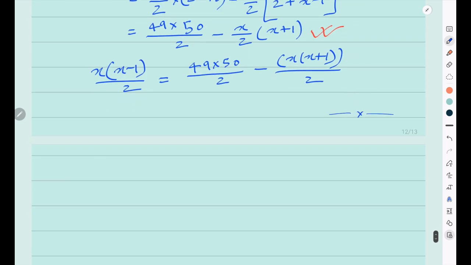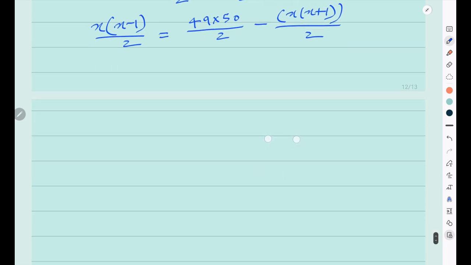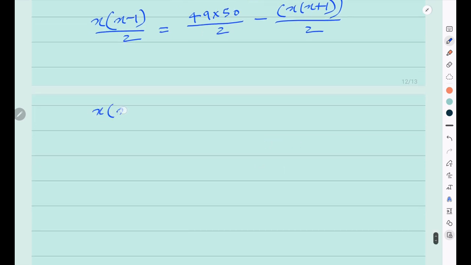Upon simplification, we can see that 2 is common. Here also it's divided by 2. We can consider that this is half of x minus 1, and here half is common, minus x squared plus x.